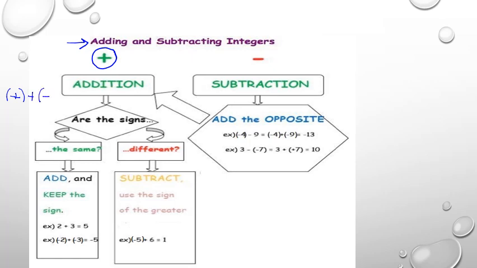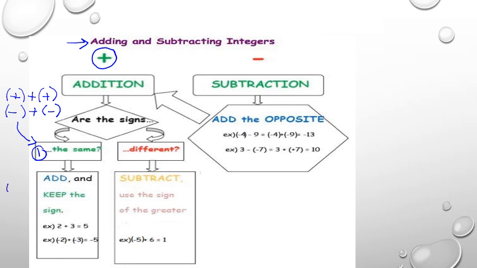If we are adding a positive number to a positive number, or a negative number to a negative number, in this case we are adding numbers that have the same sign. So we add and we keep the sign of the result as it is. So the result has the same sign as the numbers added.